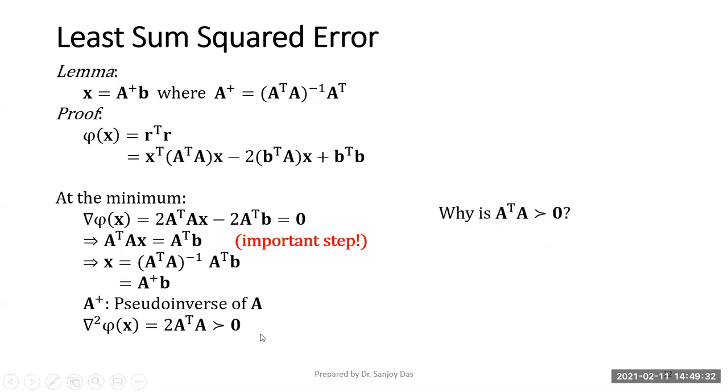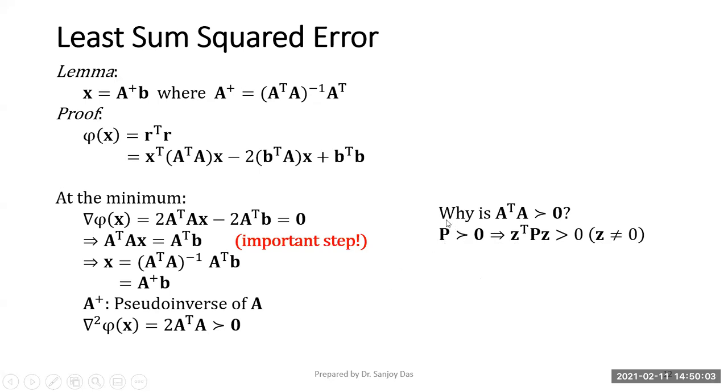Why is A transpose A always a positive definite matrix? Because by definition, P would be a positive definite matrix if for any non-zero vector Z, Z transpose PZ would always be greater than 0, right?